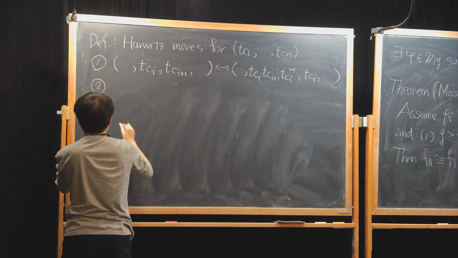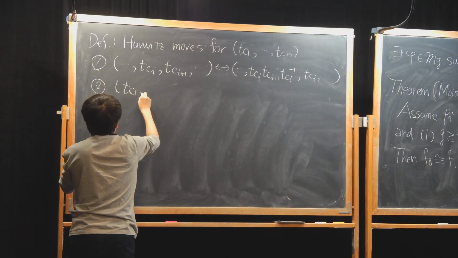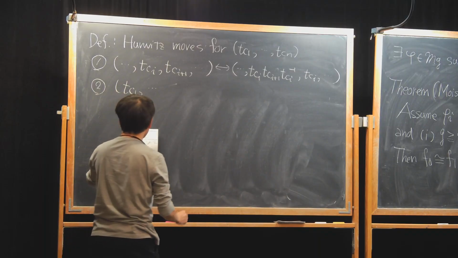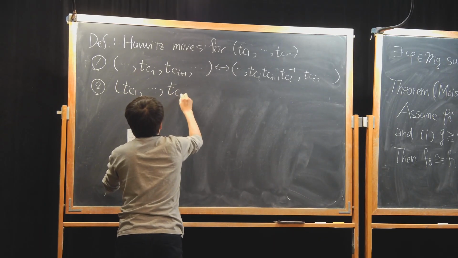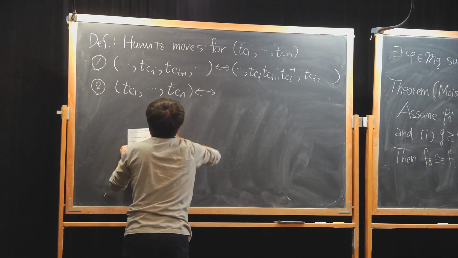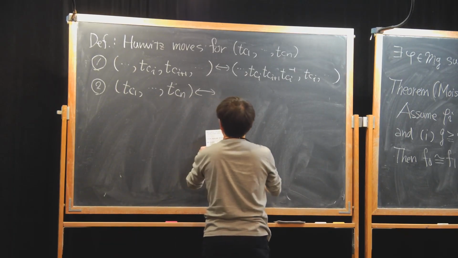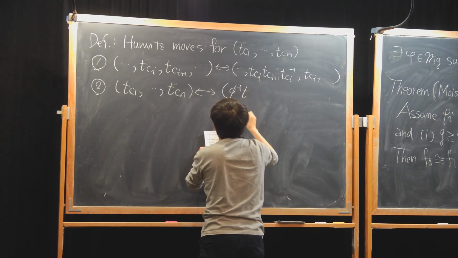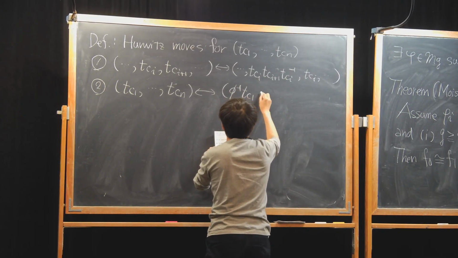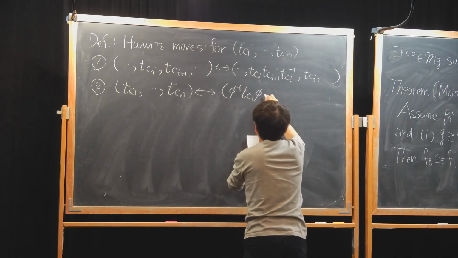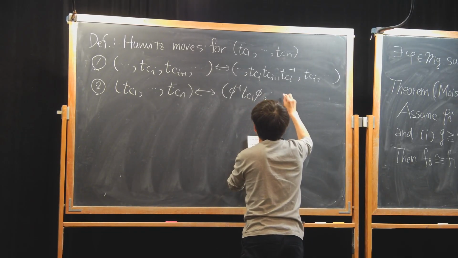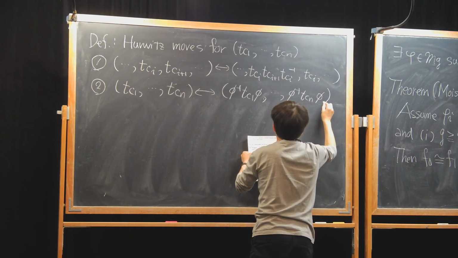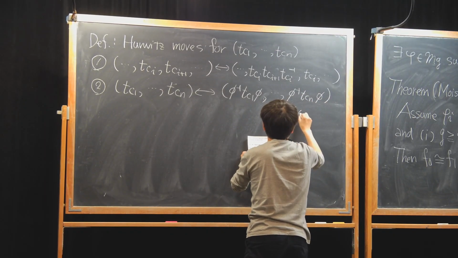Second move. This move is called simultaneous conjugation. So this collection is changed into the conjugates of the original collection by the same phi.